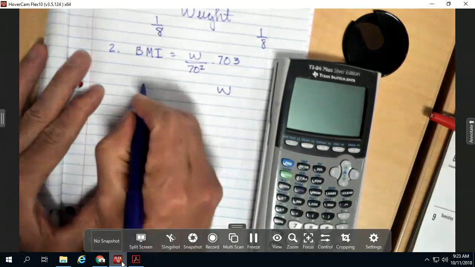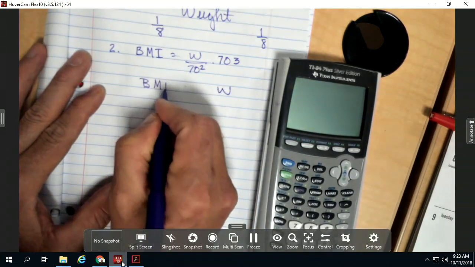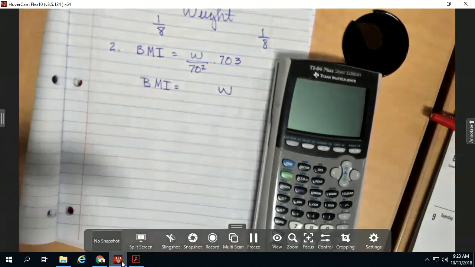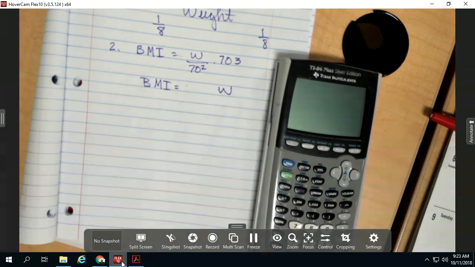So they want to find a BMI, and they want to reduce it not to 3 variables, but get it back down to 2 variables by saying we're going to develop a formula that works for everybody that is 70 inches tall. Okay?